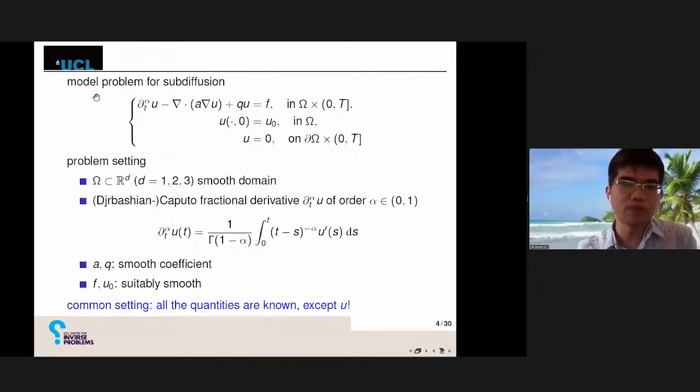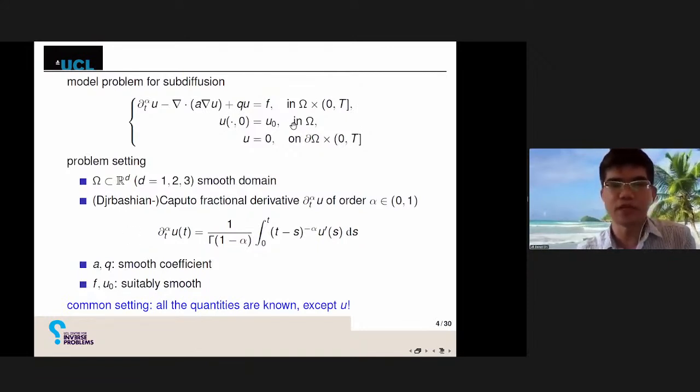By now, there are many such models. One of the model problems we have seen many times in this workshop is the following. We have this standard time fractional diffusion model with the Caputo derivative, which you already saw in the previous talk. In my talk, I always consider the problem in a bounded domain. We have the source and initial condition and some diffusion coefficient or potential term.